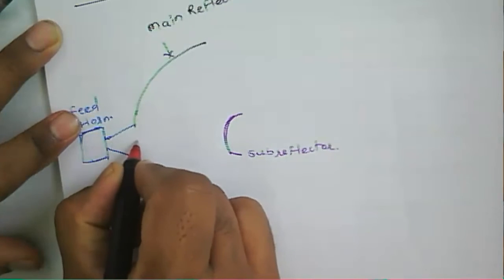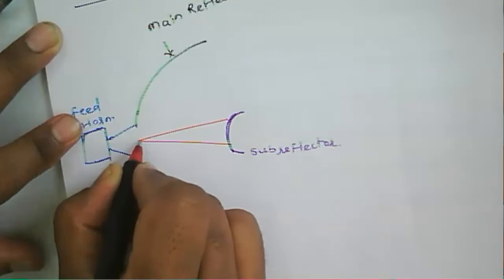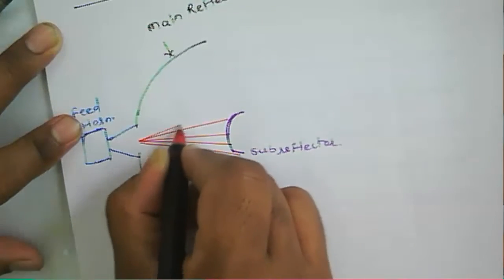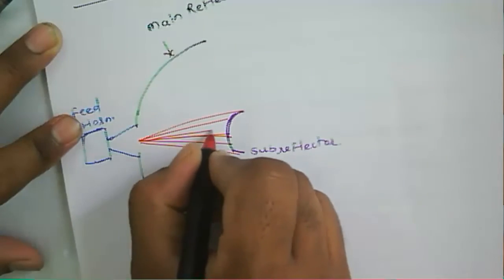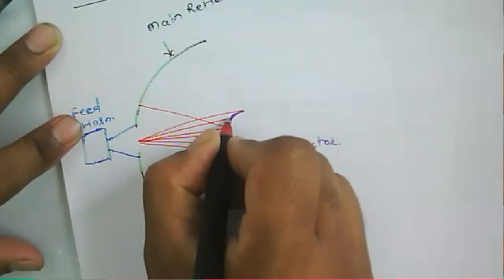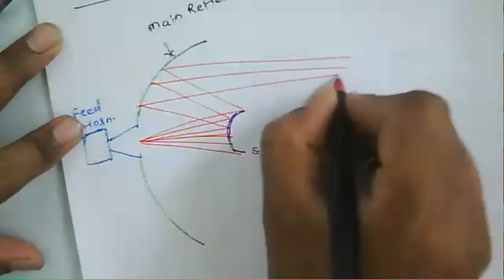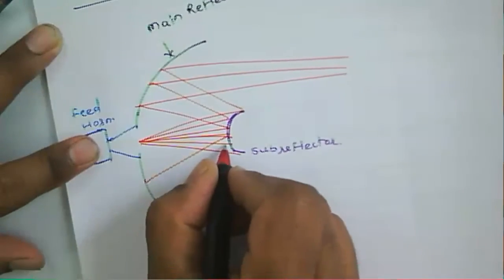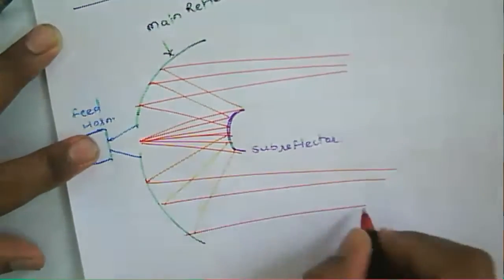The signal from this horn antenna reaches the sub reflector. Then the sub reflector reflects the signal toward the main reflector, and then that signal will be transmitted likewise.